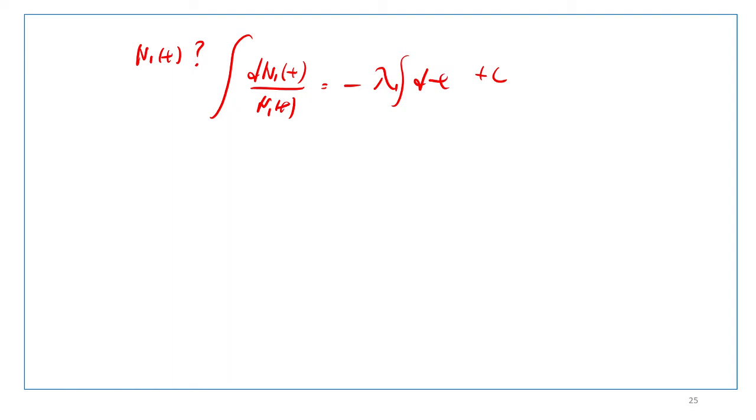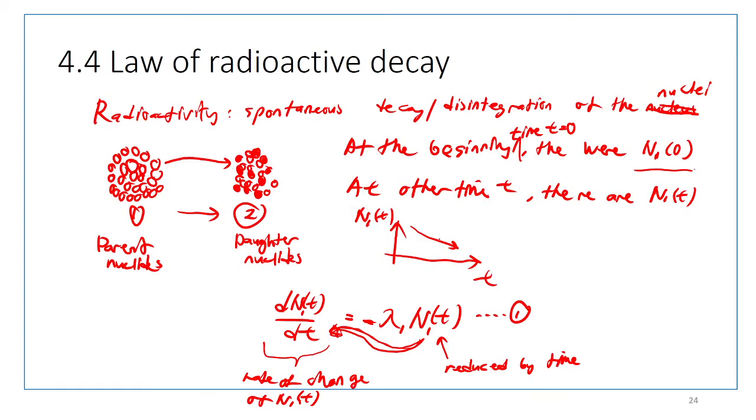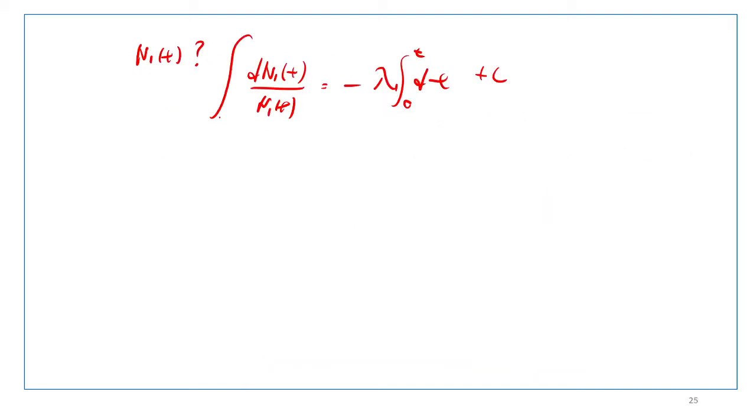Time goes from 0 to time t. At time 0, we declared just now, the number of parent nuclides is N1(0), and at time t it is N1(t). We don't know t, it can be any time.